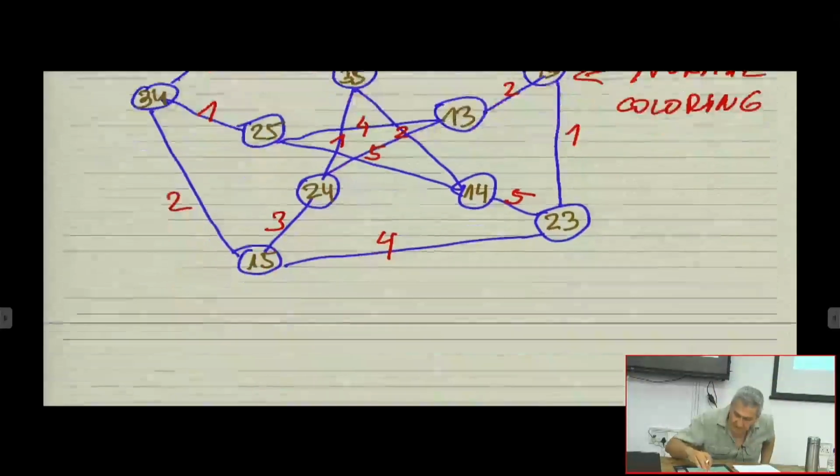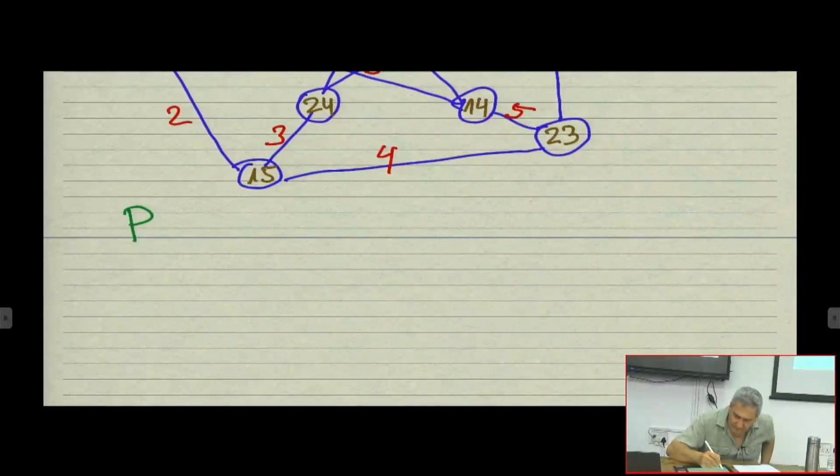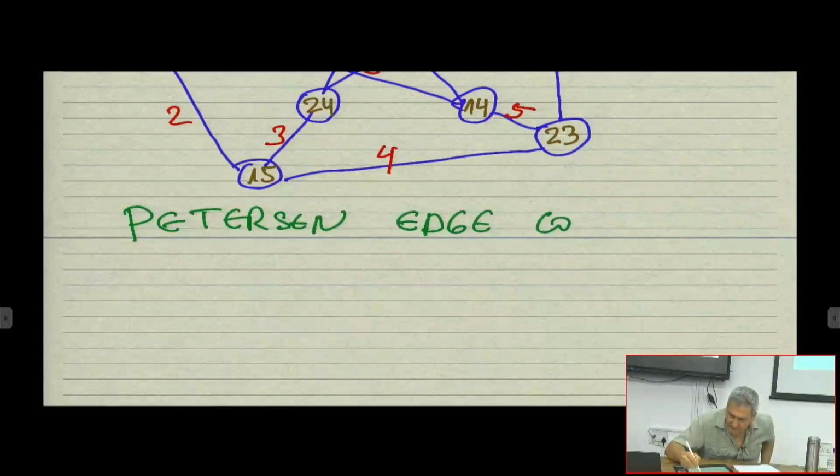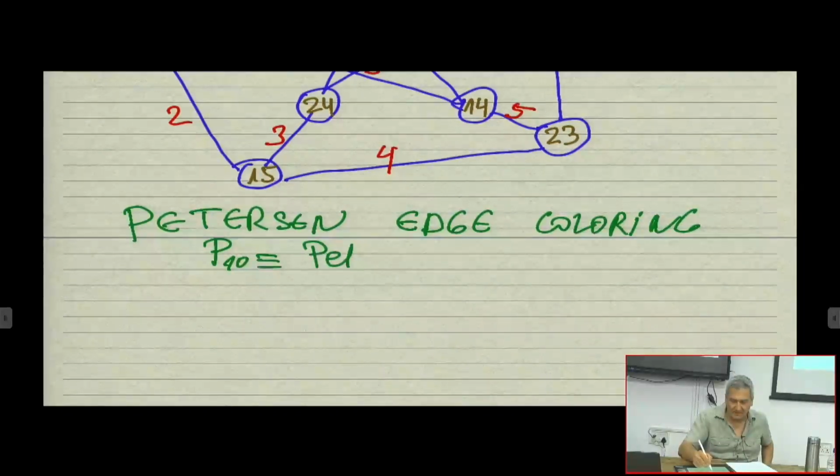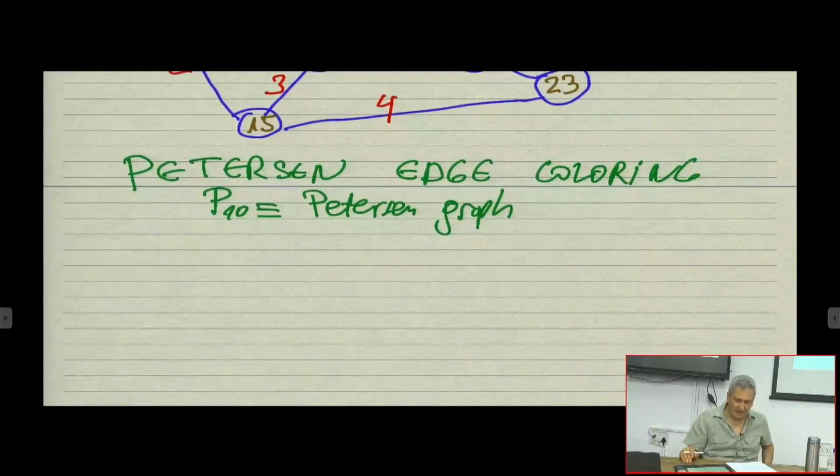For short, P10 will mean Petersen graph, okay? P10 coloring.